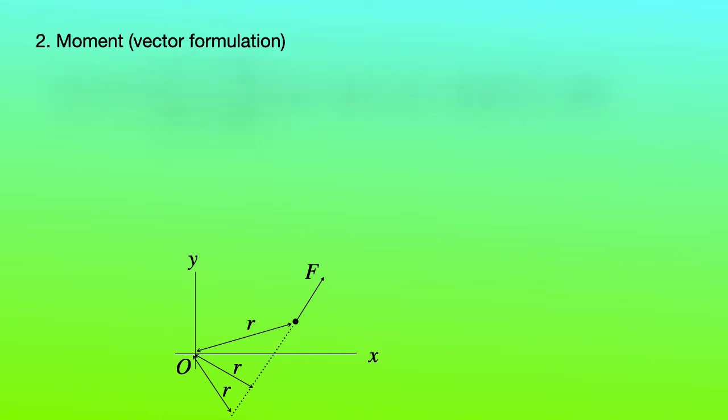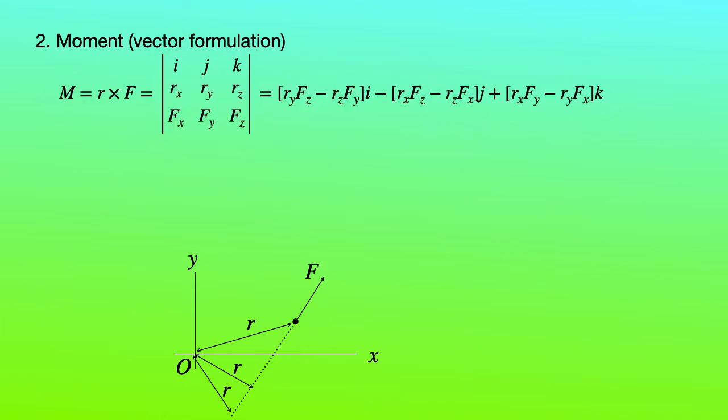Next is the moment in vector formulation, how to calculate the moment as a vector. Normally we use vector formulation for 3D problems, and for 2D problems we normally use the scalar formula. For vector formulation, the moment M is equal to r cross product F, defined as the determinant of i, j, k, with the components Rx, Ry, Rz and Fx, Fy, Fz.